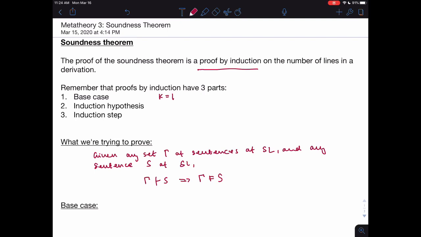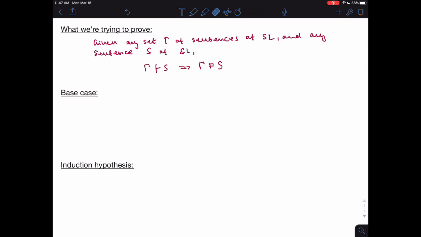So we're going to prove that if S is derivable from a set of sentences gamma, then it must be the case that gamma truth functionally entails S.